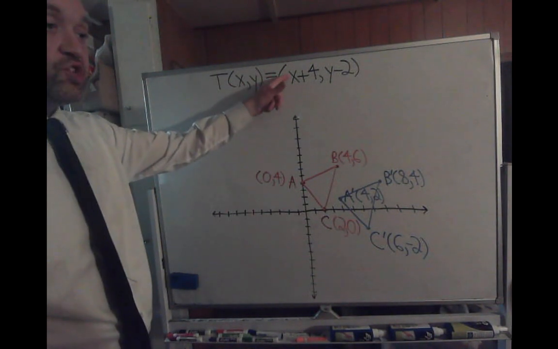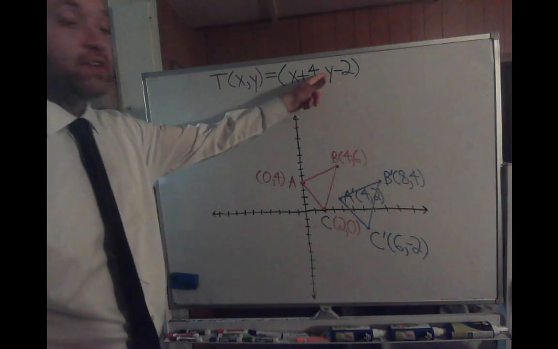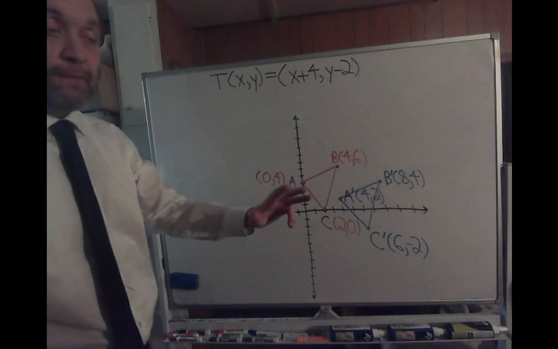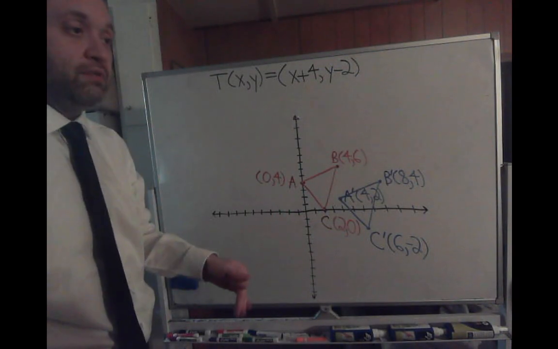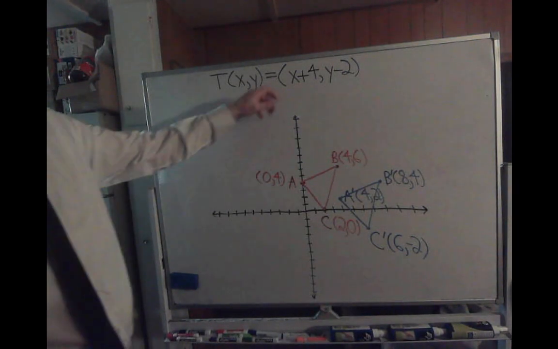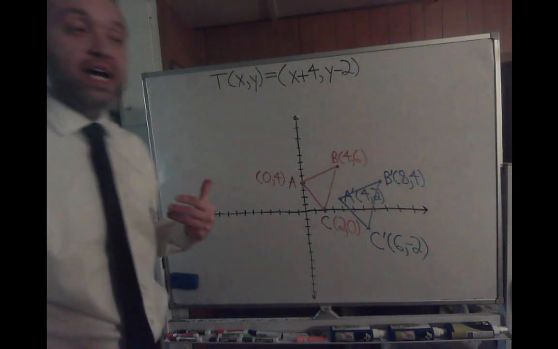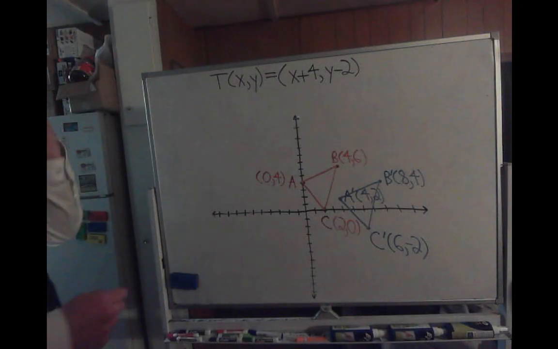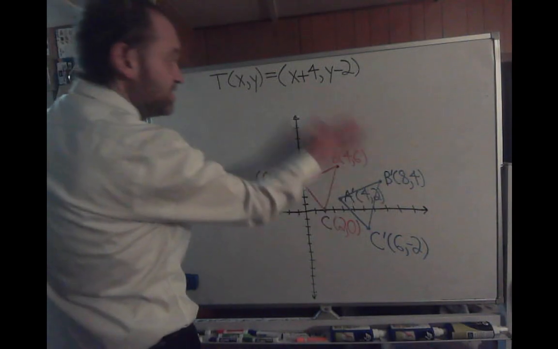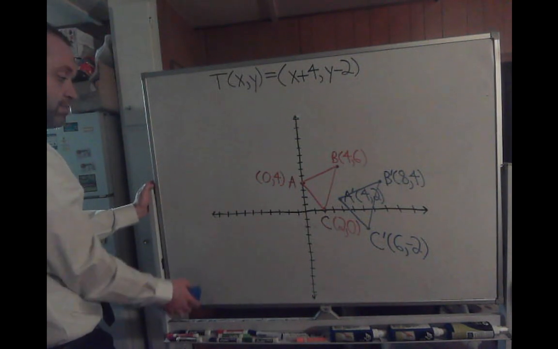If your coefficient is 1, whether positive or negative 1, and nothing else, if you're shifting, it is an isometry because you haven't changed the size. If I put in another coefficient for these, it would not be an isometry. You would have a dilation, which we're going to get into. This is definitely an isometry because all we've done is taken these and shifted these 4 units to the right and 2 units down. You get the same identical shape.